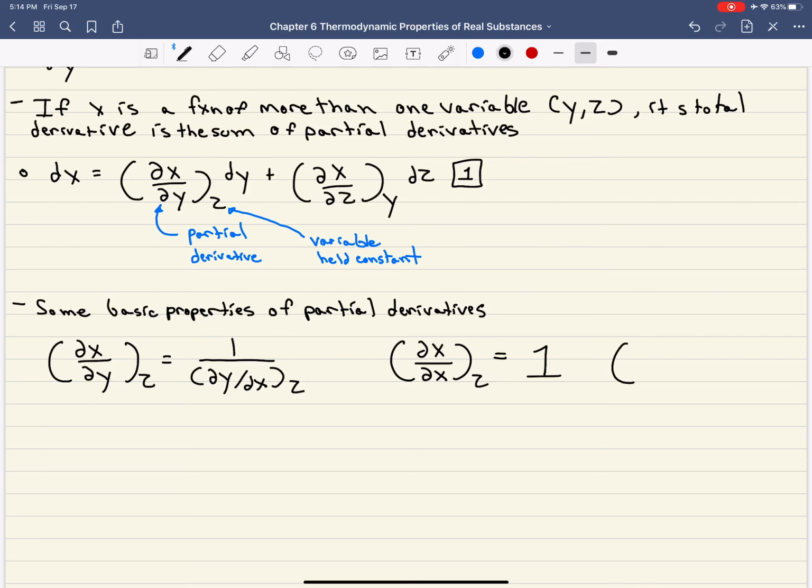Another important thing is that if we took the derivative of x with respect to y while holding x constant, that would be equal to 0, right? Because it's saying that x is constant, so if we took a derivative of it, that derivative would be 0. Okay? And so these are all sort of basic, straightforward properties of partial derivatives.